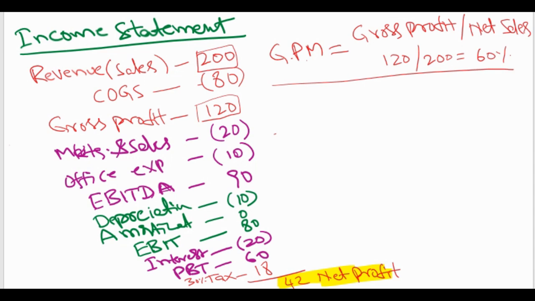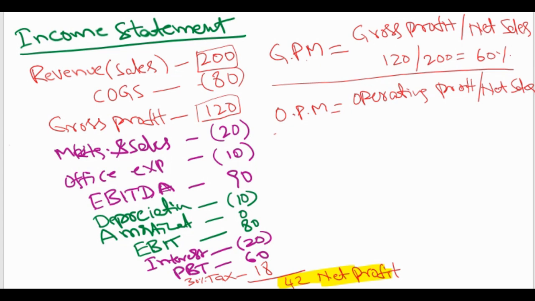Now let's look at operating profit margin. How do you get operating profit margin? Operating profit divided by net sales. So what is the operating profit here, which is 80.